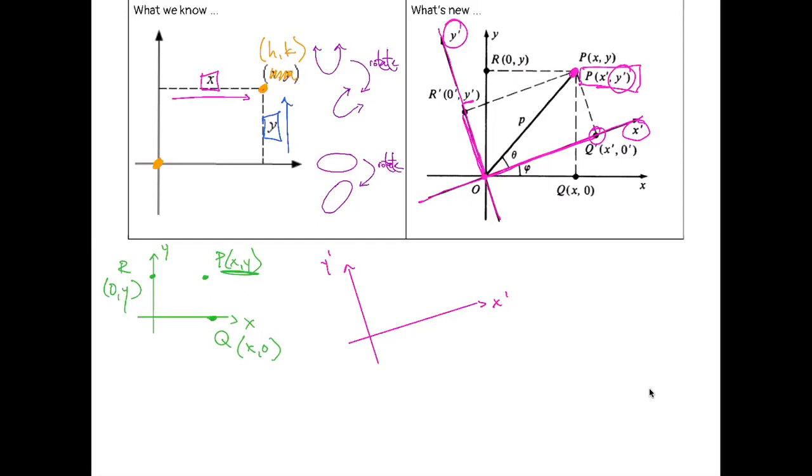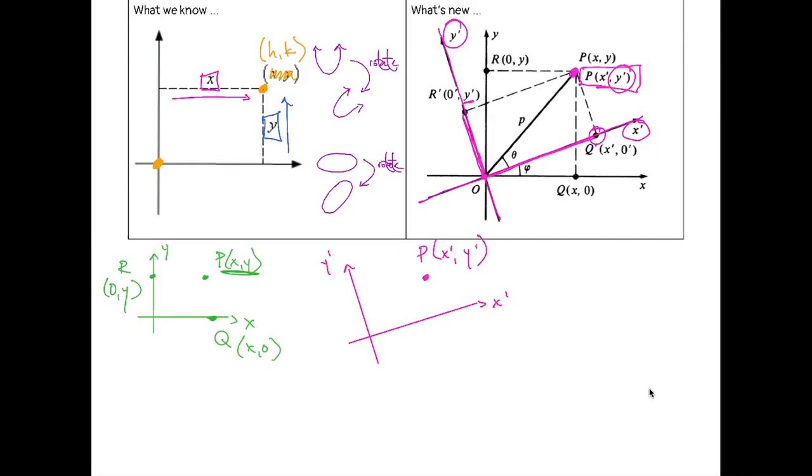But sometimes it's more convenient to define things when we rotate the whole set of axes, and the point is the same point as it was on the green one, but we're going to give it a different name, x prime, y prime, kind of like we call my sister Allie, same person. So green is like Allison, pink is like Allie. It's the same point, but it's a different descriptor of that point.